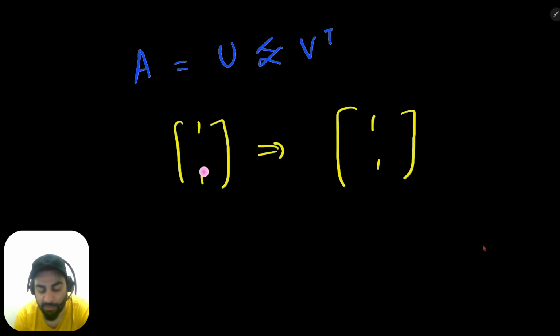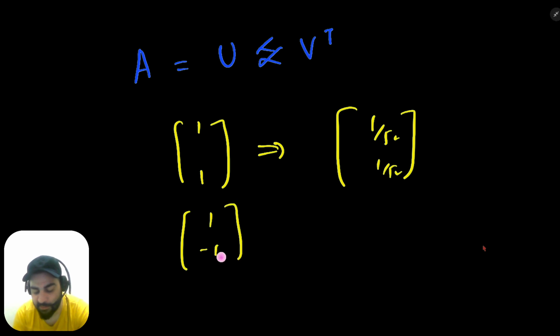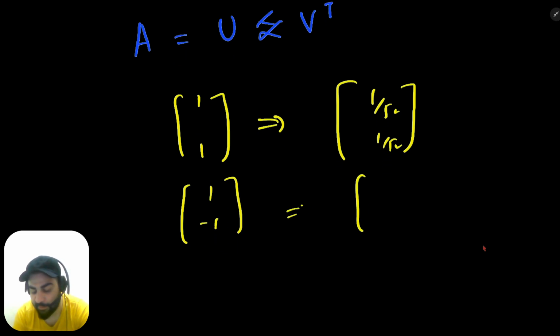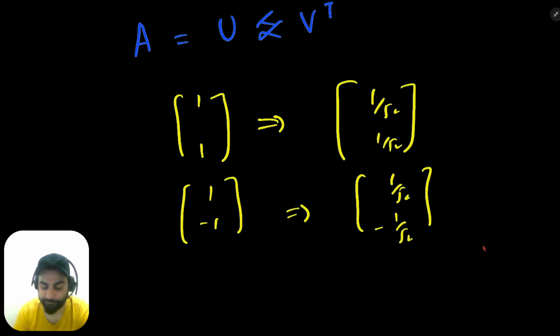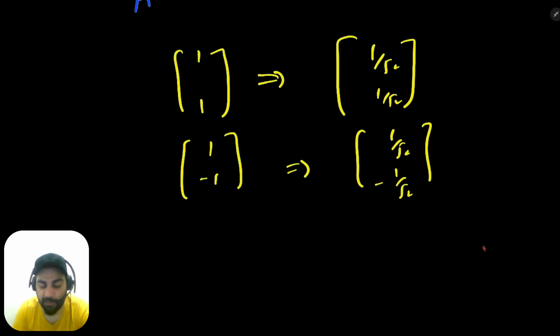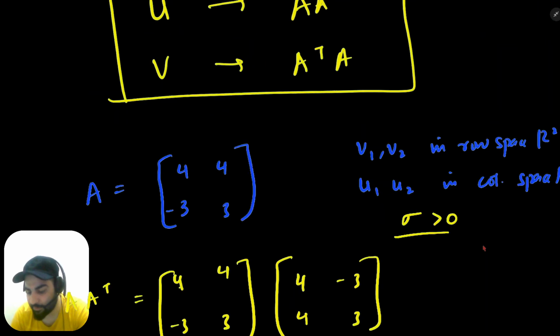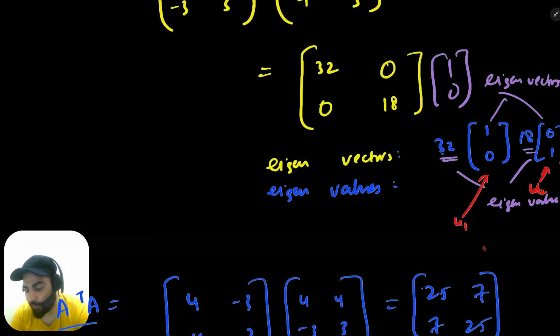So this will be 1 by root 2, 1 by root 2. Similarly, if you have 1 minus 1, this will become 1 by root 2, and 1 by root 2 but negative. And then we have these vectors, 0 1 and 1 0.